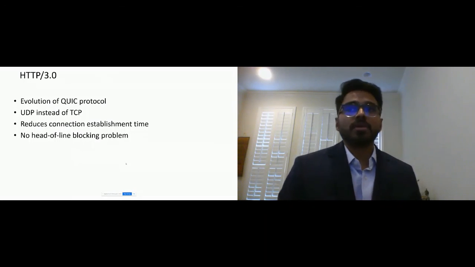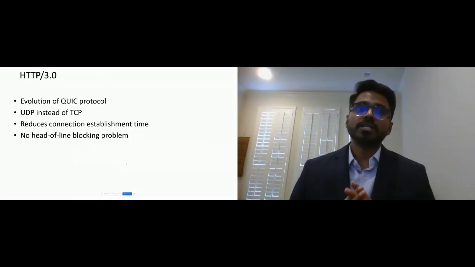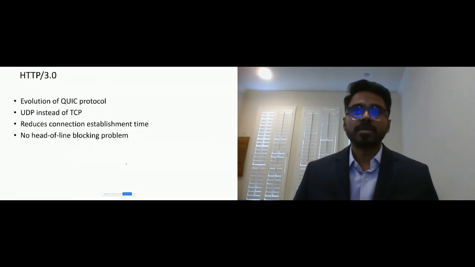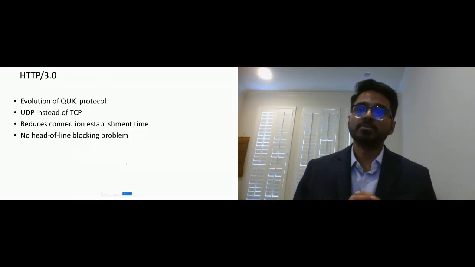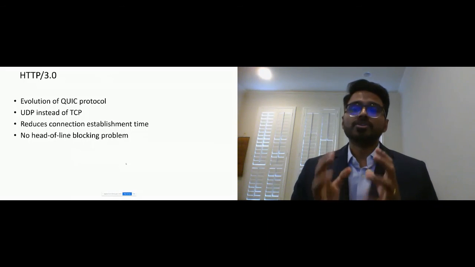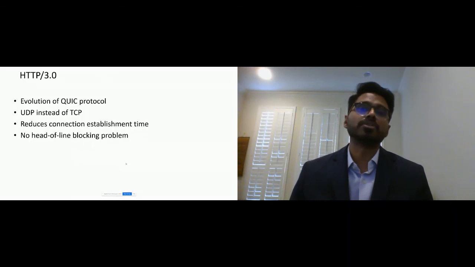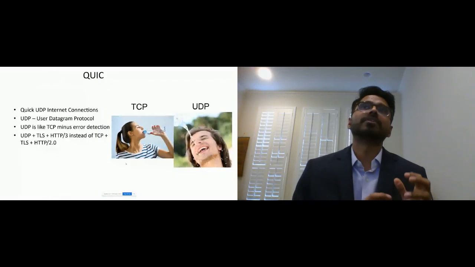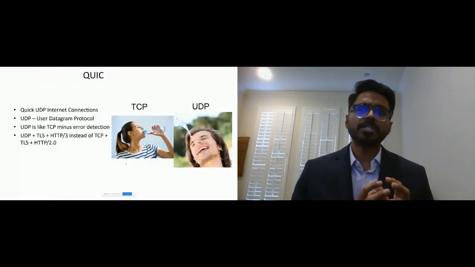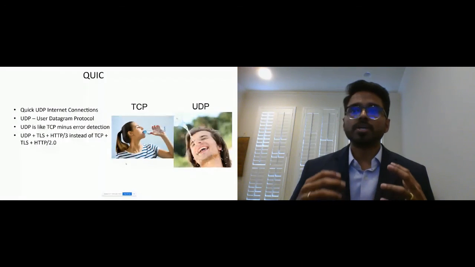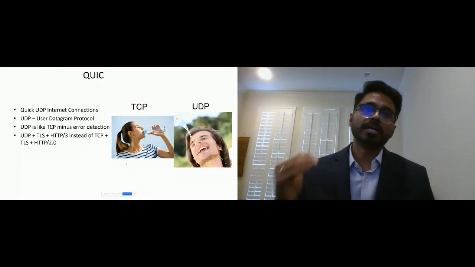So QUIC. What is QUIC? QUIC is Quick UDP Internet Connections. And UDP stands for User Datagram Protocol. So you can see a difference between TCP and UDP in the image, which is basically saying with TCP, you send a request and you're guaranteed that you will get a response because TCP has a lot of features like error detection and flow control to ensure that the message gets delivered.